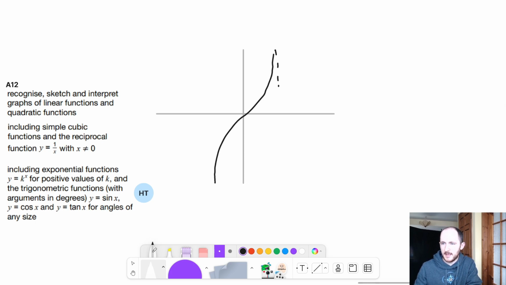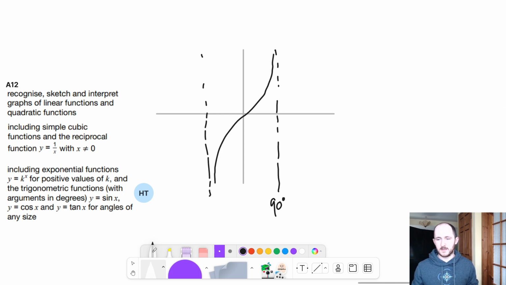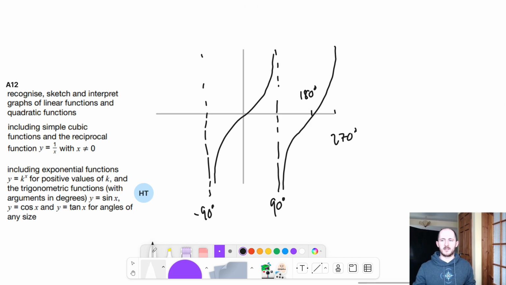Where this value here, which is 90 degrees, is an asymptote, which means the curve's never going to touch it. And this is minus 90 degrees. And then you're going to have the same thing again, except this one here is at 270 degrees. This is at 180. And so on. So every 180 degrees it's going to have this kind of snaky shape. I know that's not perfect, but that's roughly what it's going to look like.